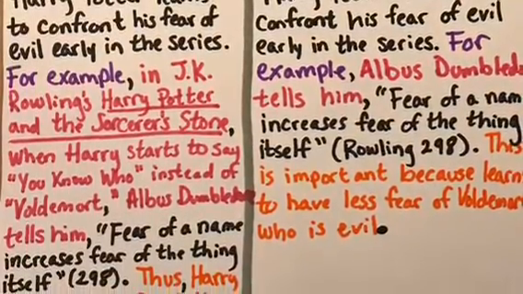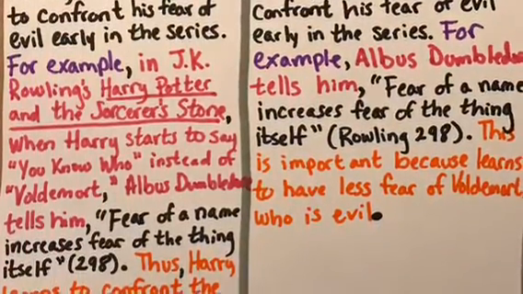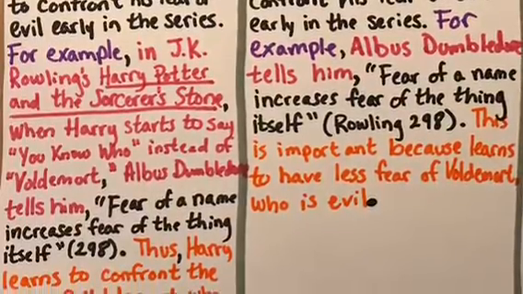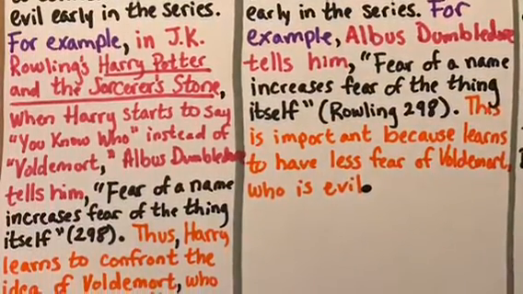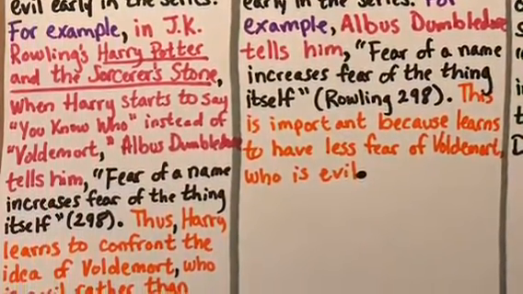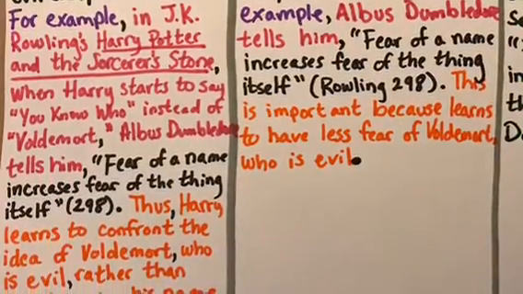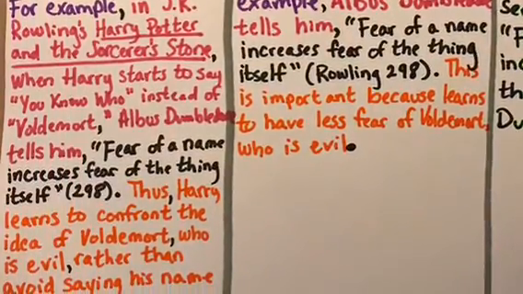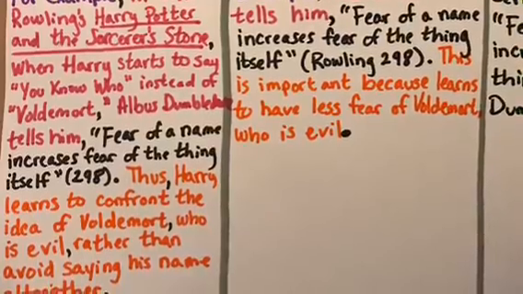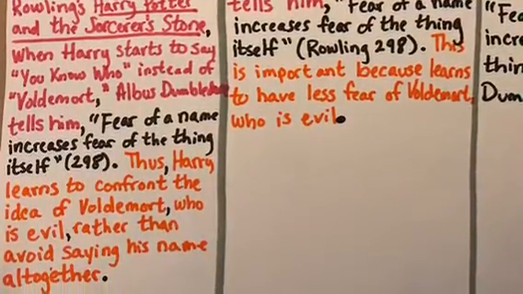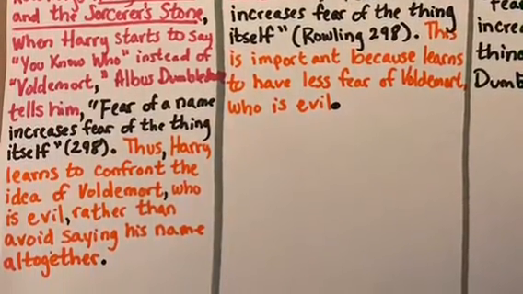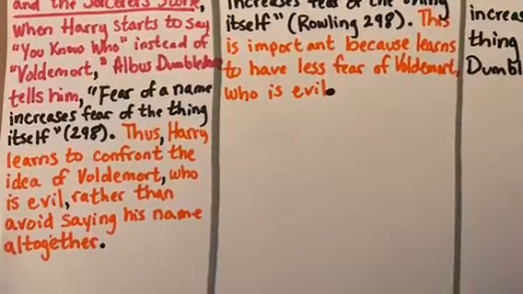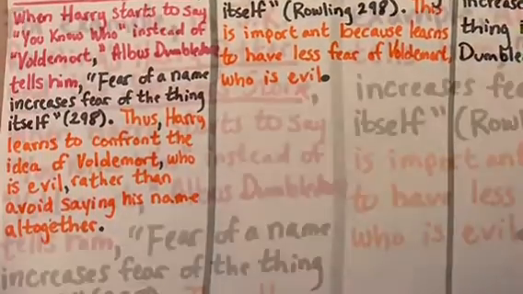For example, in J.K. Rowling's Harry Potter and the Sorcerer's Stone, when Harry starts to say "You-Know-Who" instead of Voldemort, Albus Dumbledore tells him, fear of a name increases fear of the thing itself. Thus, Harry learns to confront the idea of Voldemort, who is evil, rather than avoid saying his name altogether. Again, it's color-coded based on the steps that we're using to integrate the quotations.